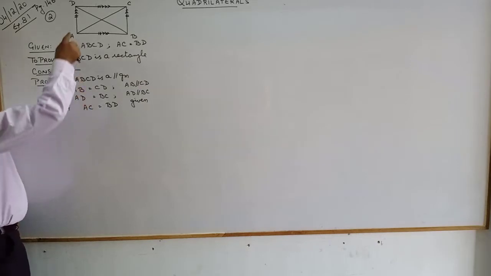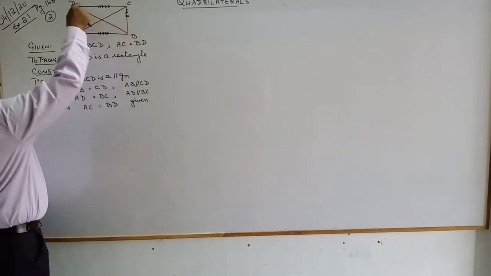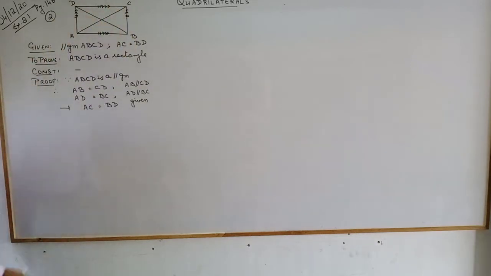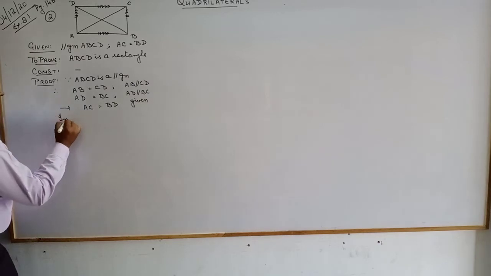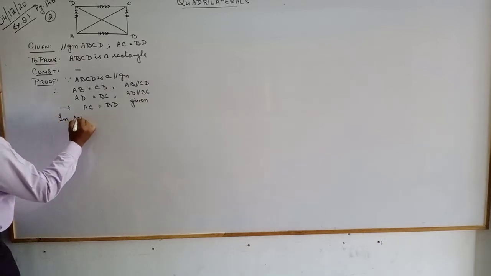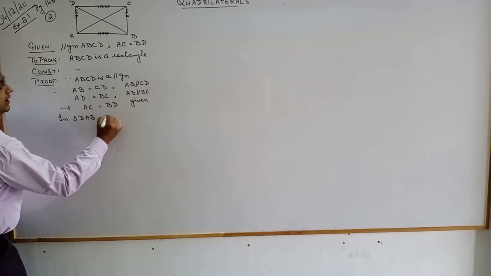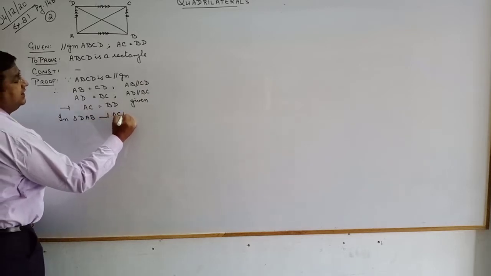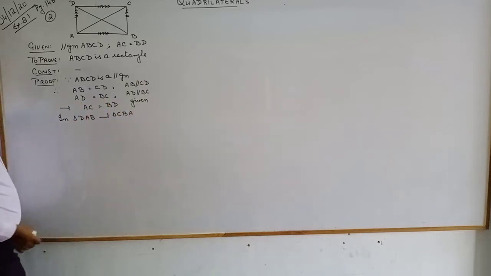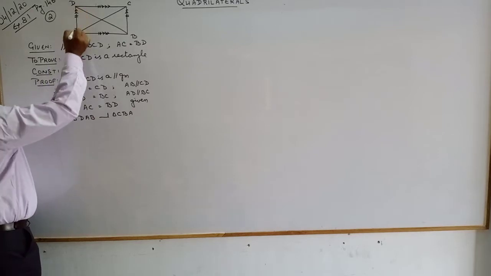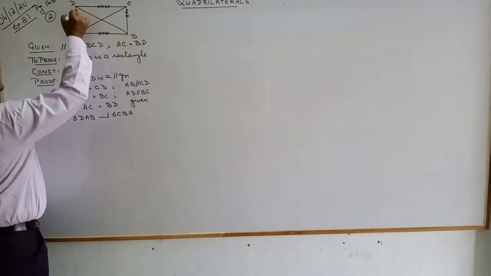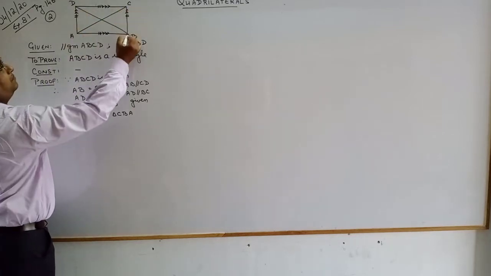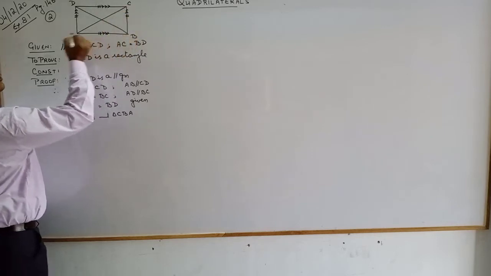Because it is a parallelogram, angle A is equal to C, B is equal to D. So see what we are taking. In triangle DAB and triangle CBA, this triangle and this triangle we are talking about.